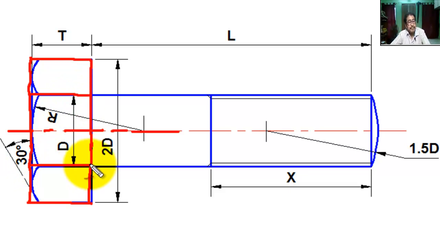Next with radius of chamfer R equal to 1.5D, using the pencil compass, the pencil pointer is at this point and the pin pointer is at this point on the center line. Next we draw this arc.